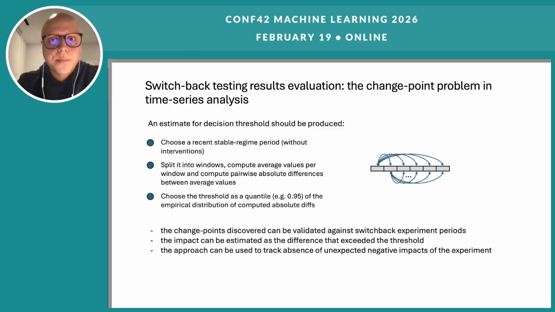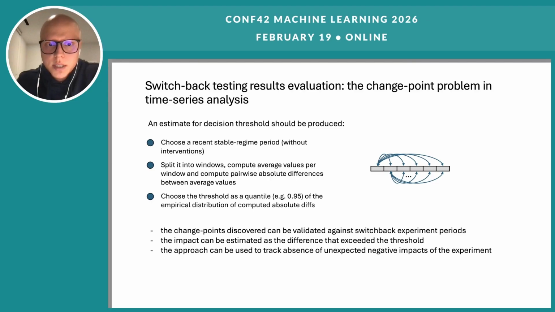And after you chose that threshold, basically the change points that you will discover based on your time series of the incoming orders, for example, can be validated against the experiment periods, meaning that you can just check whether the regime changes that you find match the moments when the experiment was flipping the pricing algorithm that is used.